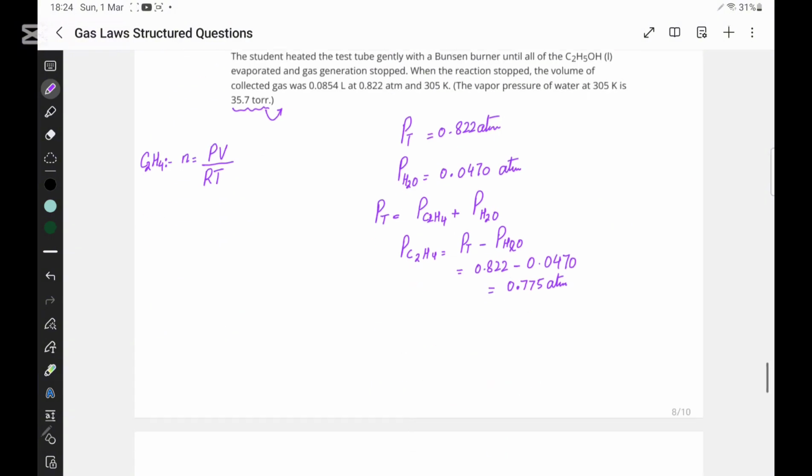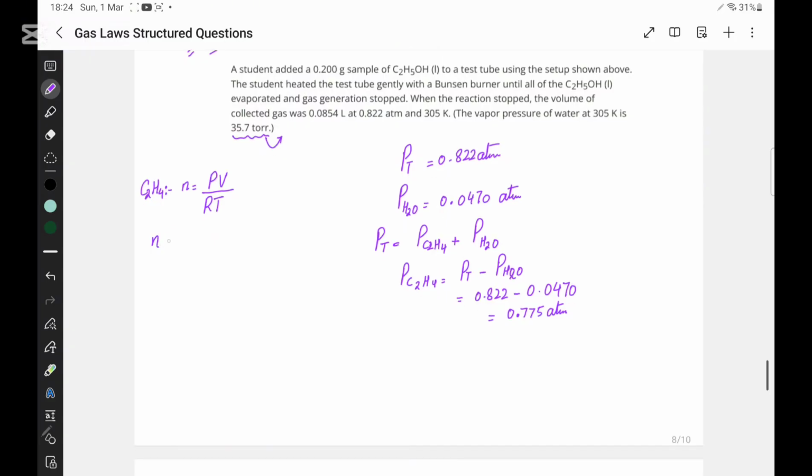Then after that we have to find out the moles of ethene.